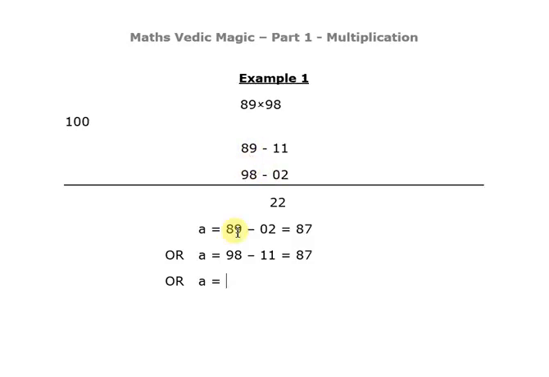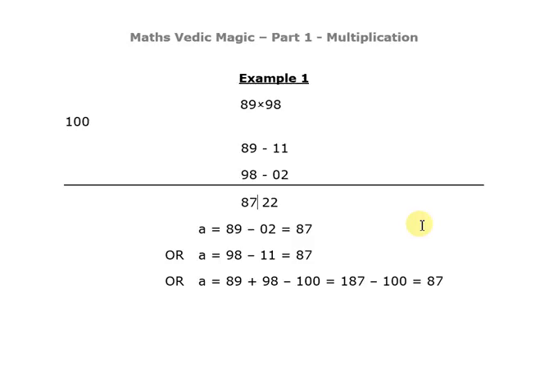So it is 89 plus 98 minus 100, which gives us 187 minus the base, which gives us again 87. So with any of these three options you get the same result for the left side portion. So the final answer is 8722.